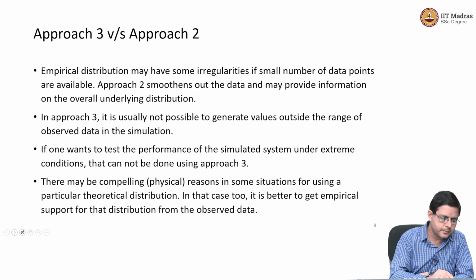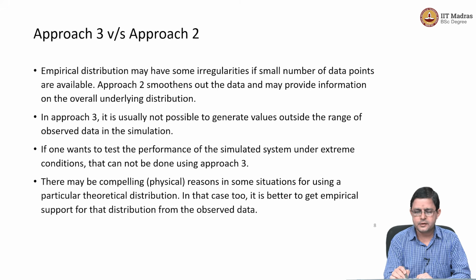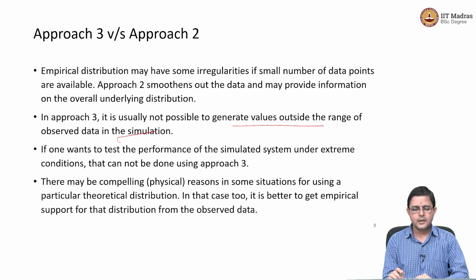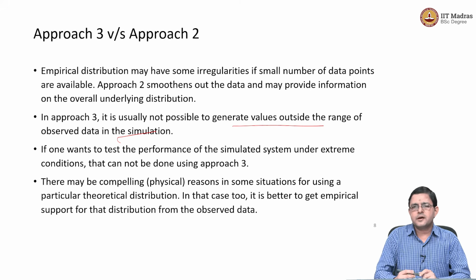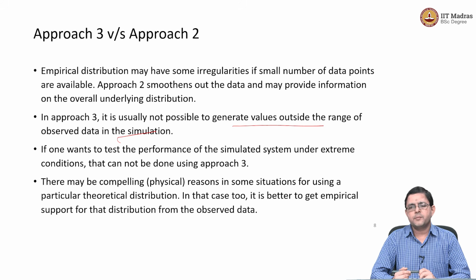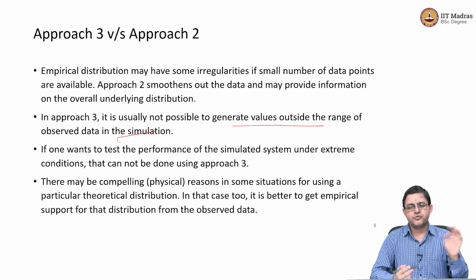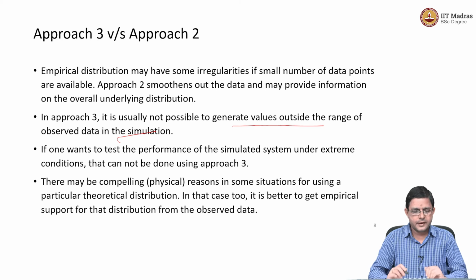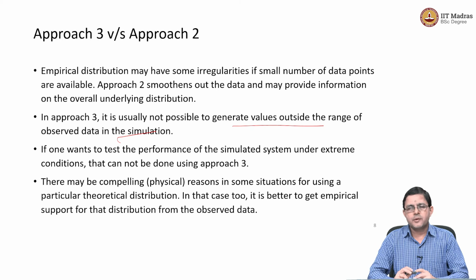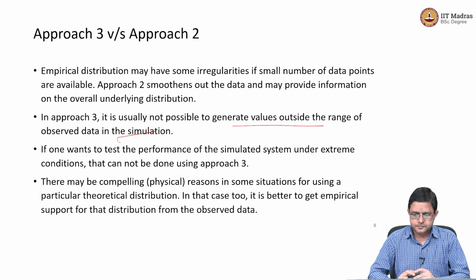So, if you want to test the validity of our system using data that comes from an empirical distribution, we may have a problem because we cannot simulate values which are outside of the range that was fed into it, right. So, those are some of the issues with empirical distributions.